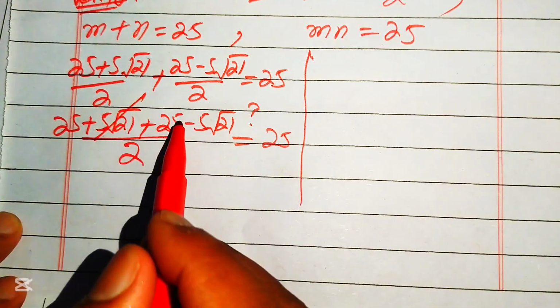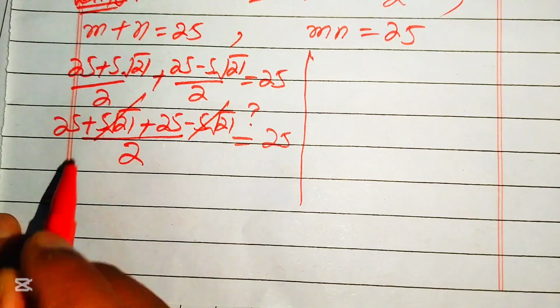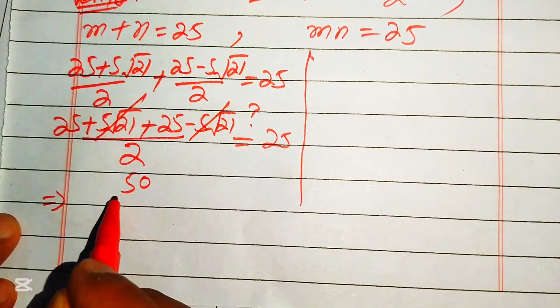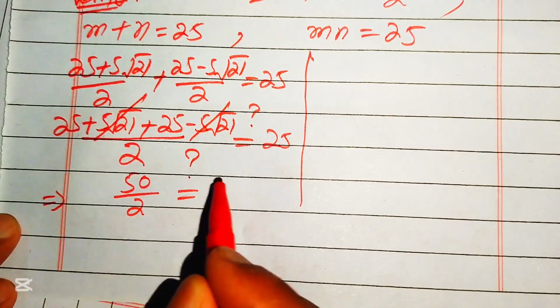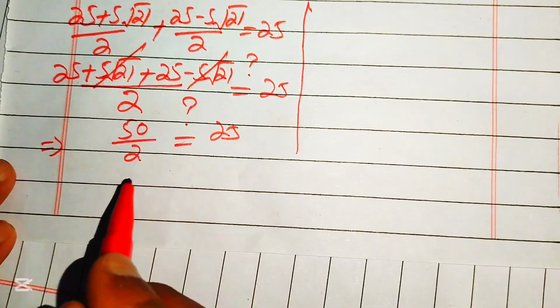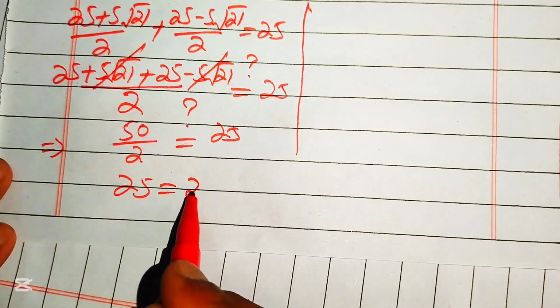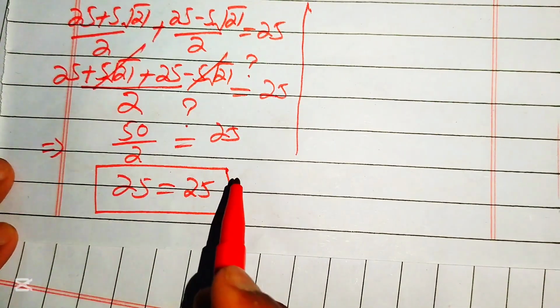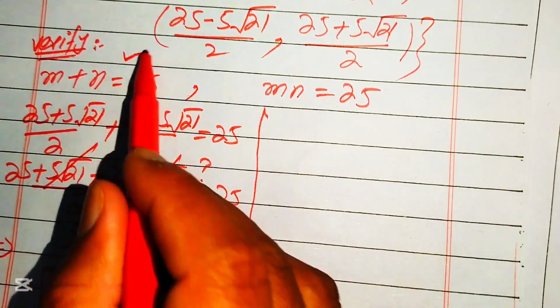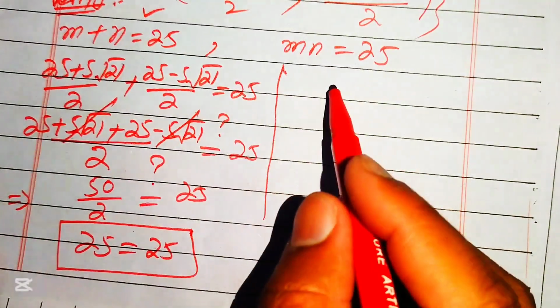Okay, so you see that the positive and negative terms are gone and we get 25 plus 25 becomes 50 over 2, and we check whether this equals 25, and 50 over 2 becomes 25 equals to 25. This shows that the first solution set satisfies the first equation.